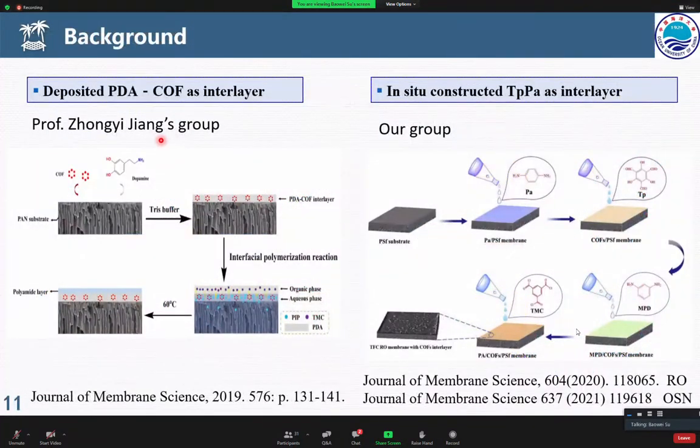And Professor Jiang's group has deposited COF nanosheets with the aid of PDA as an interlayer and also prepared nanofiltration membranes. And our group has prepared a TpPa COF interlayer by in situ construction using interfacial reaction. And we have prepared FO membrane and OSN membrane with excellent performance.